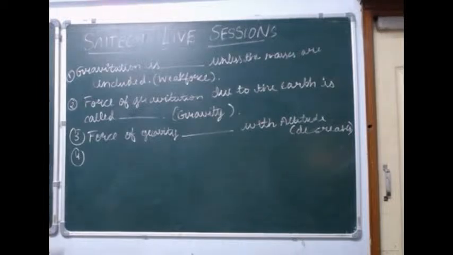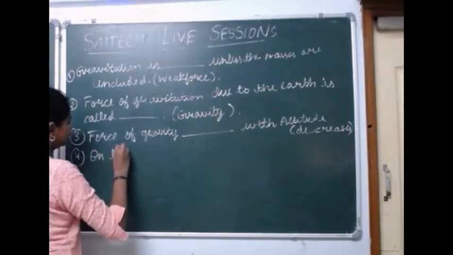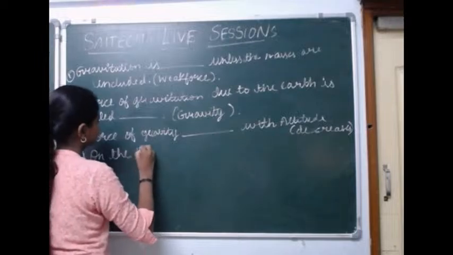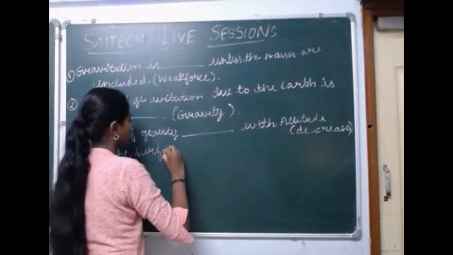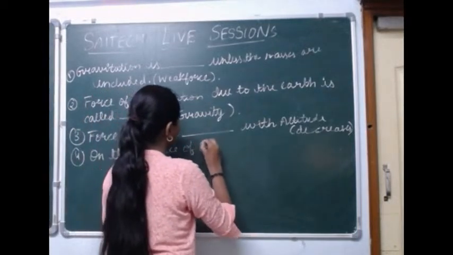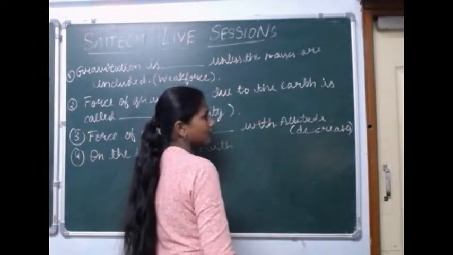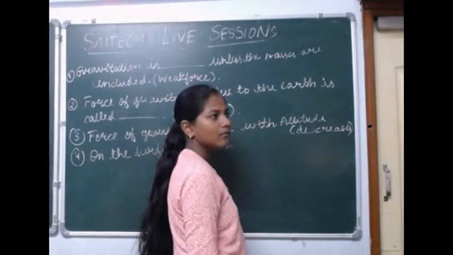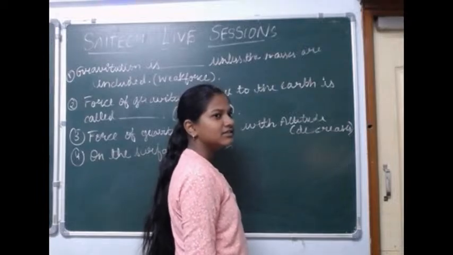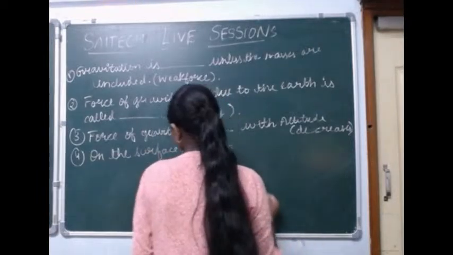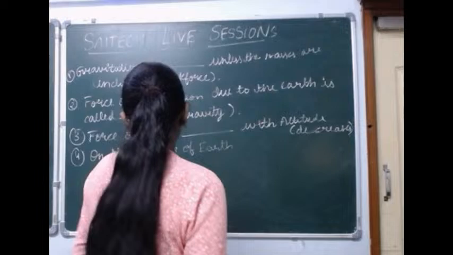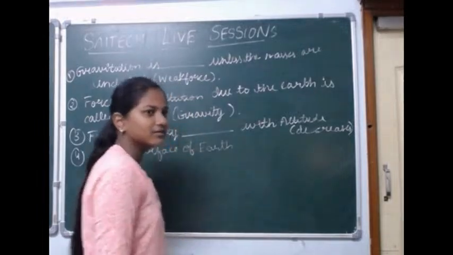Next question. On the surface of earth, the force of gravity dash from poles to equator. Decreases. Very good. I said the poles highest, equator less, is it not? Yes.